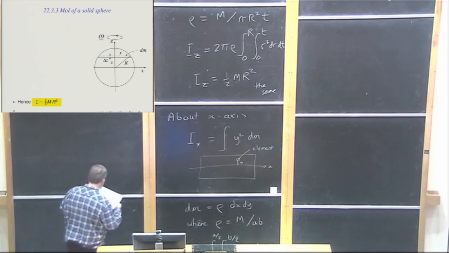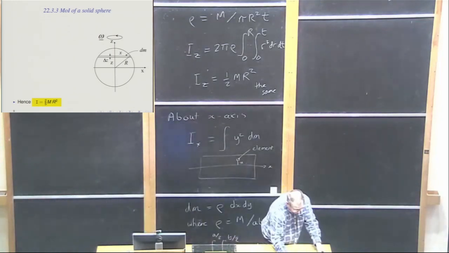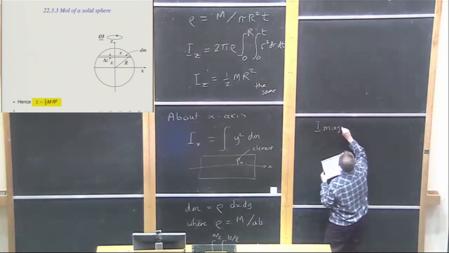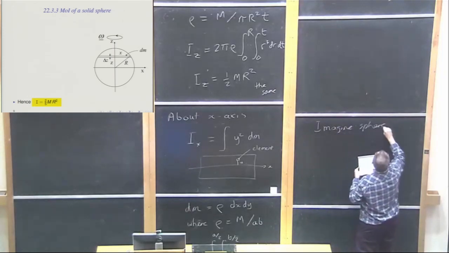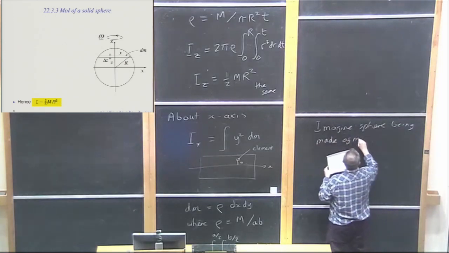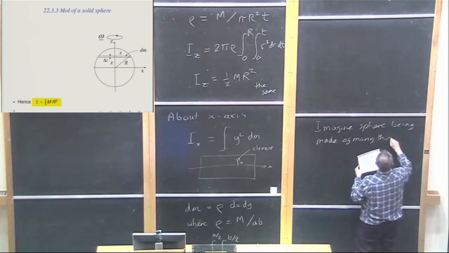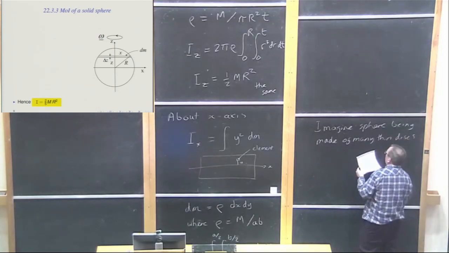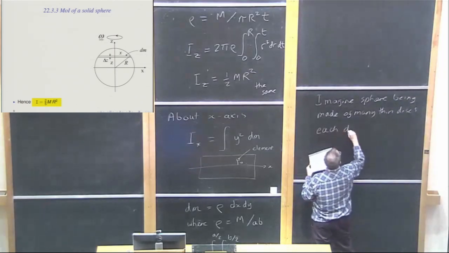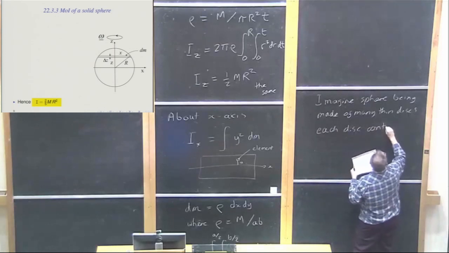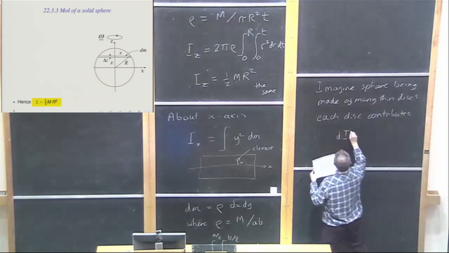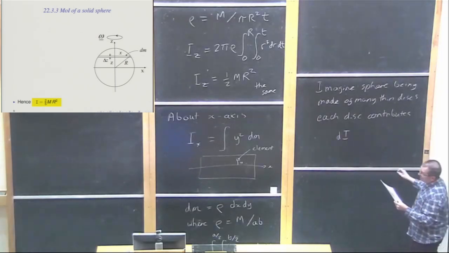So, to be clear, we imagine the sphere being made of many thin disks. Each disk will contribute a moment of inertia dI, the elemental moment of inertia.